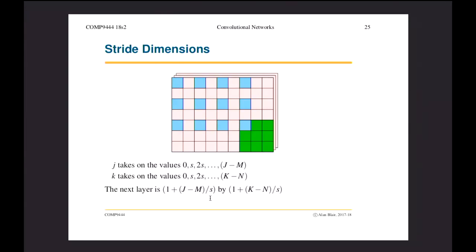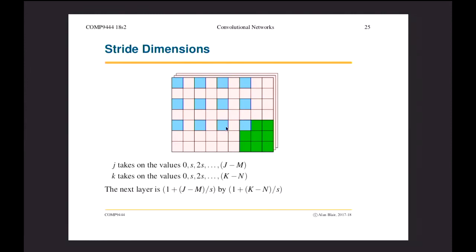So this illustrates the case where this division is an exact number and there's no remainder. Now, let's imagine this is slightly smaller. Let's imagine that instead of 9, we only had 8 columns to begin with. This green square would be here, and J minus M would be 5.